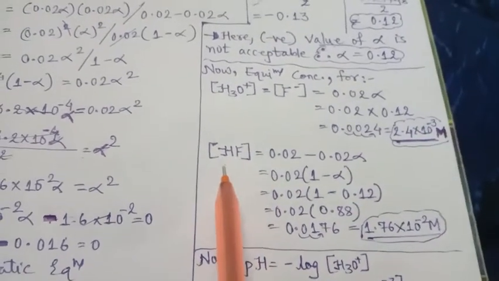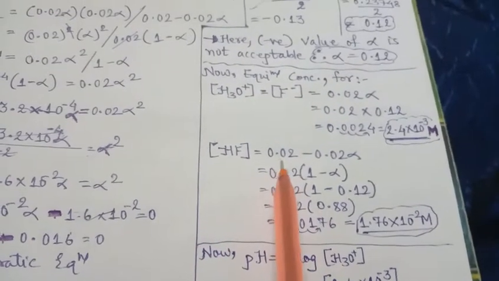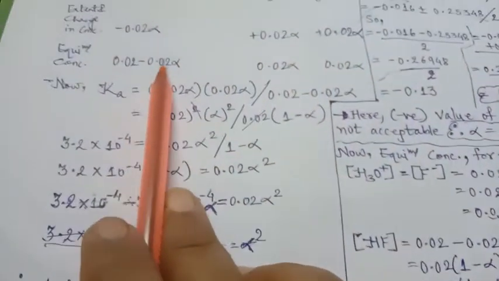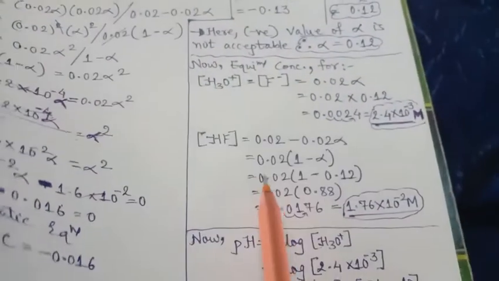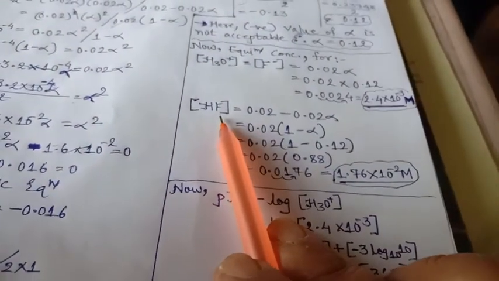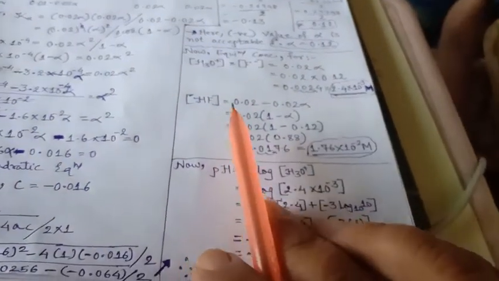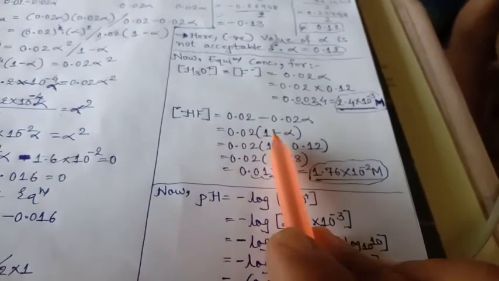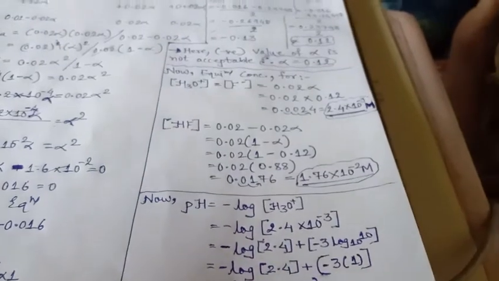And for HF, hydrogen fluoride, 0.02 minus 0.02 alpha. Now let's see the concentration of hydrogen fluoride. Hydrogen fluoride concentration will be 0.02 minus 0.02 alpha, right?